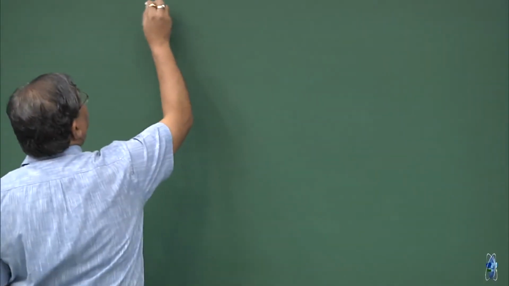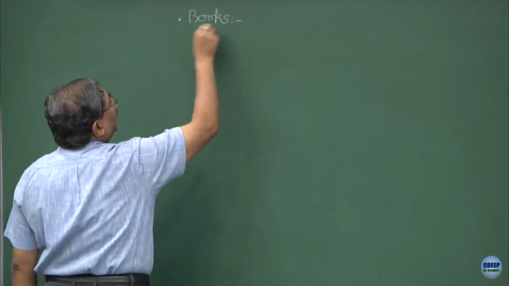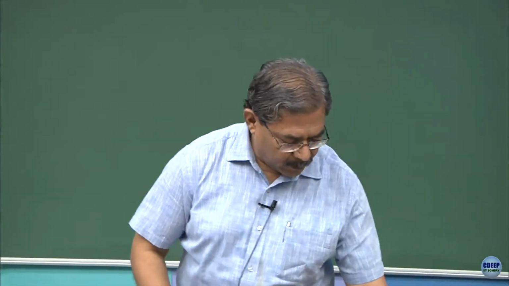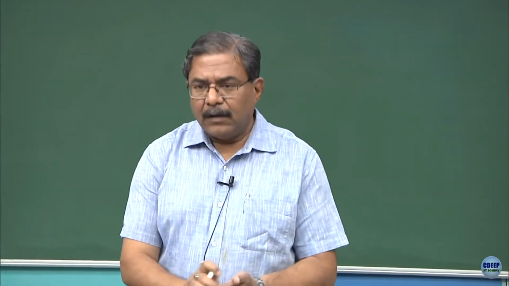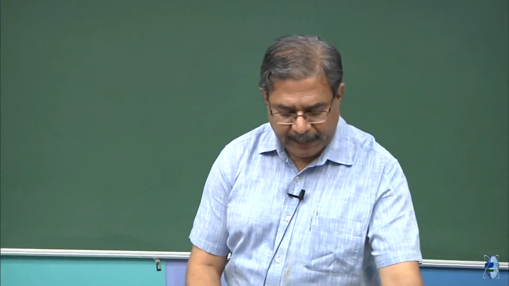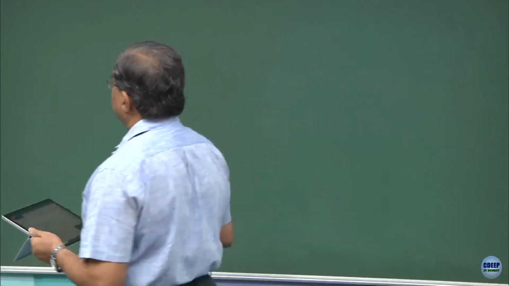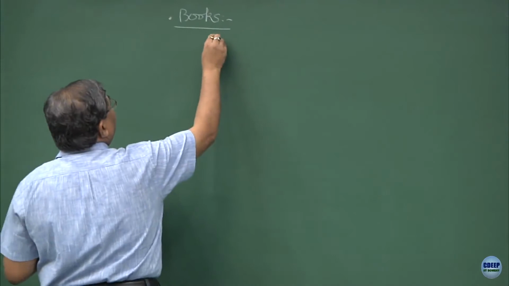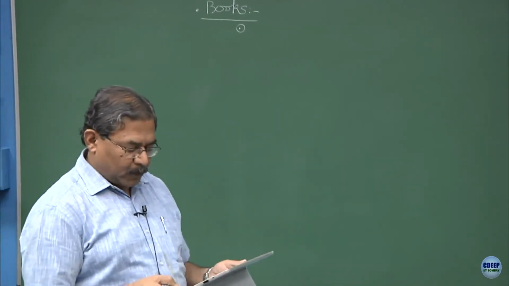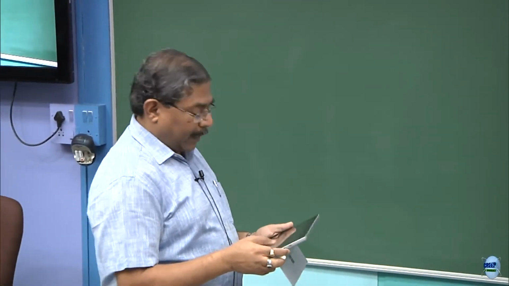Let me begin with the books. The books which I had recommended for CE323 would still remain valid for this course, but this course being a specialized course, I would suggest that whenever time permits, not during your undergraduate, but even later on, you should definitely go through the books, particularly if you are going to be a civil engineer and a practicing engineer.